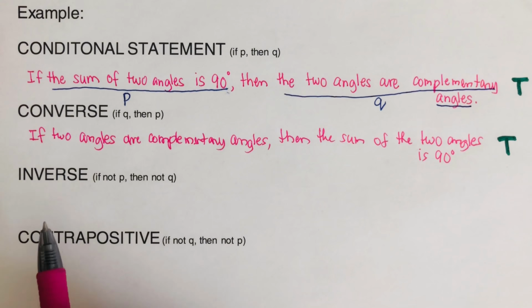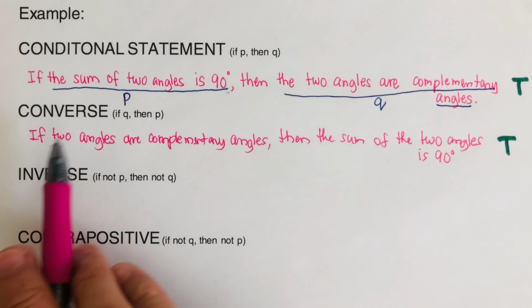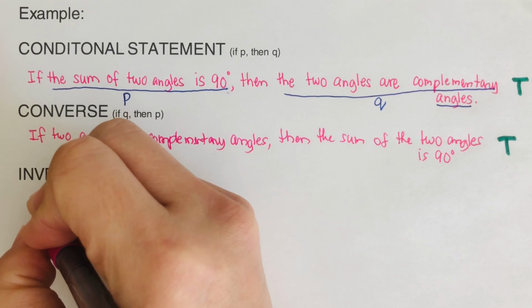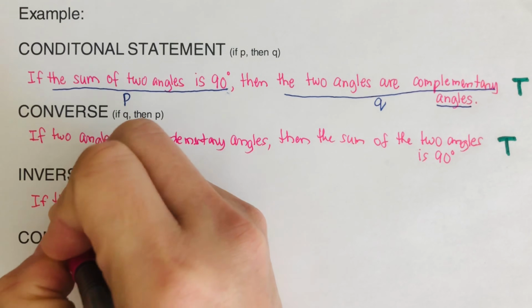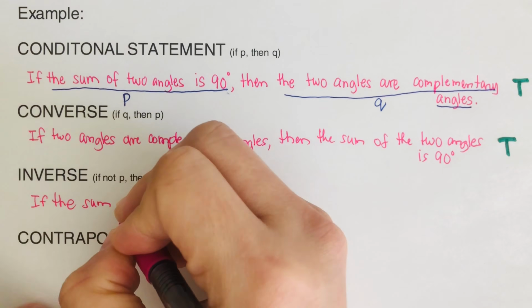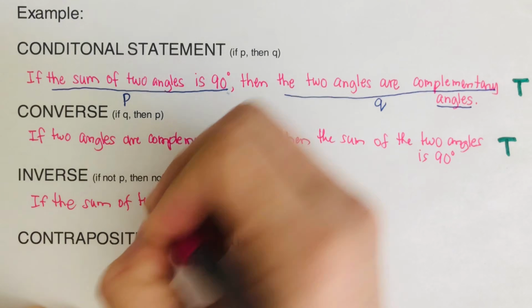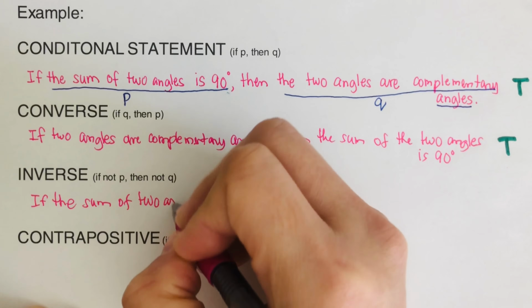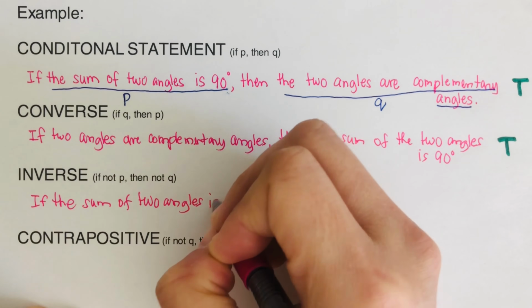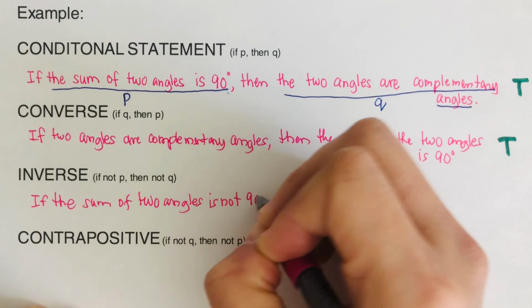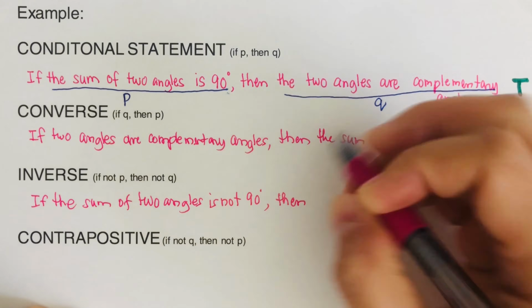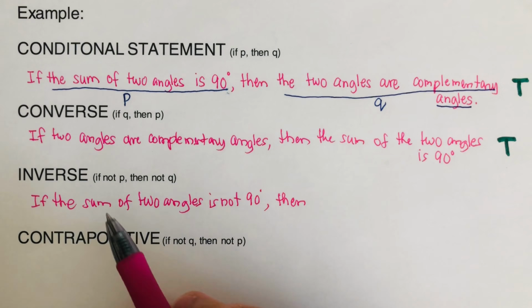Now let's take the inverse. For the inverse we negate the hypothesis. So if the sum of two angles is not 90 degrees, then we negate the Q. So if P, then not Q, so we're going to negate this.